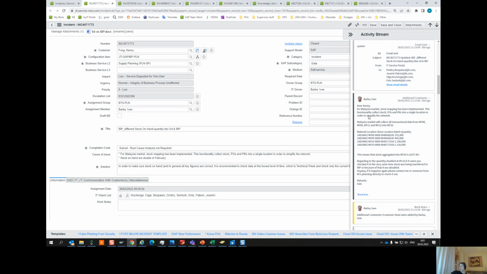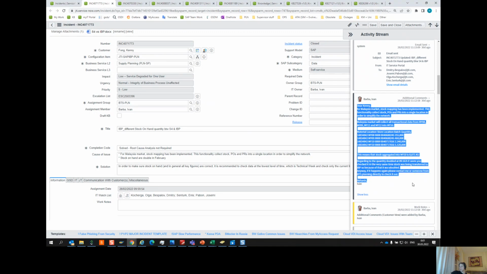So that's also a typical reply from BTS, like: stock mapping has been implemented. This functionality collects stock, POs and PRs into a single location in order to simplify the network. Malaysia market will collect all transactional data.